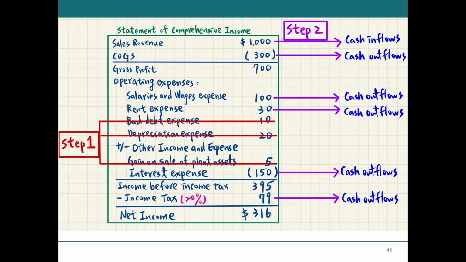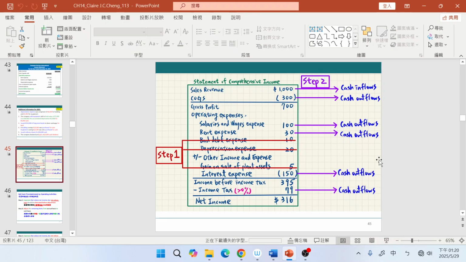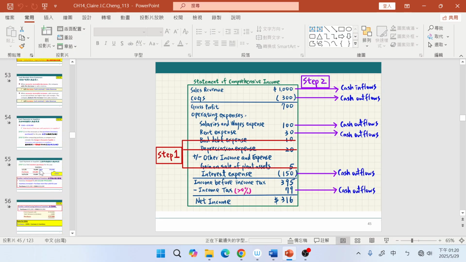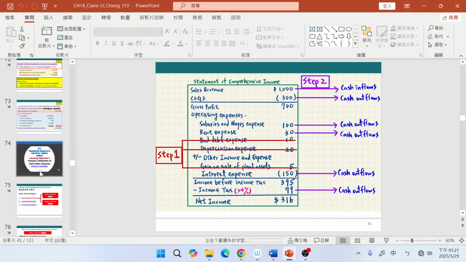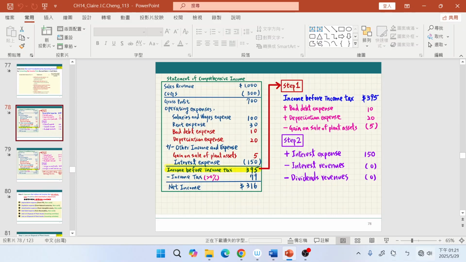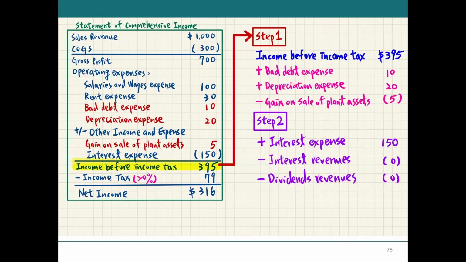So how about the indirect method? Go back to your slide, page 78. How can we exclude any items not related to cash? Remember, in the indirect method, we base on the final number, right? The final number is net income, but we have another option: the final number is income before income tax.